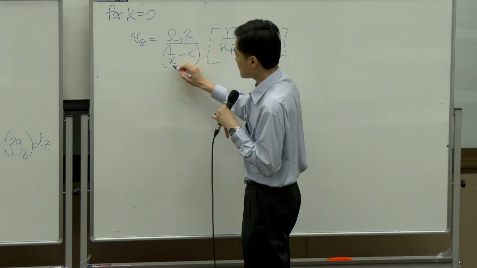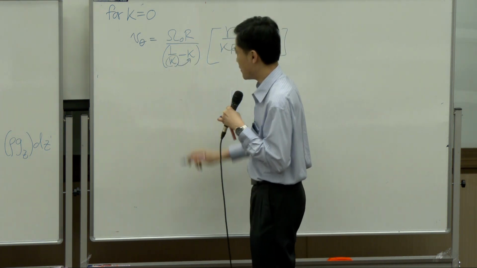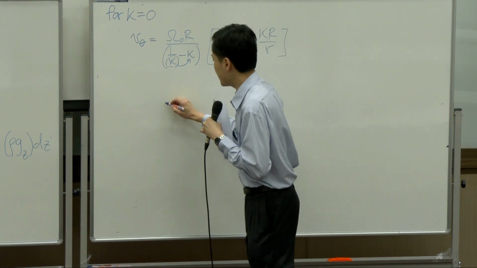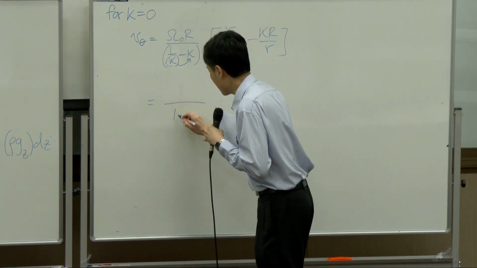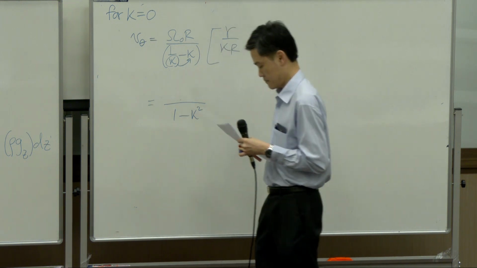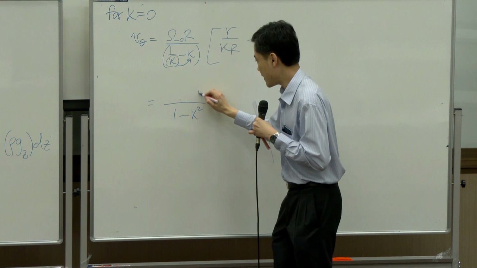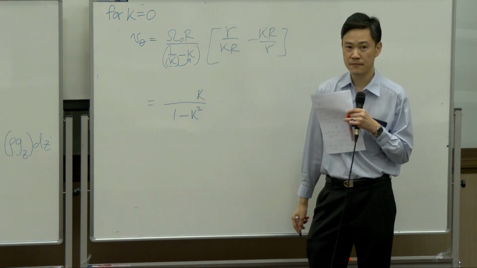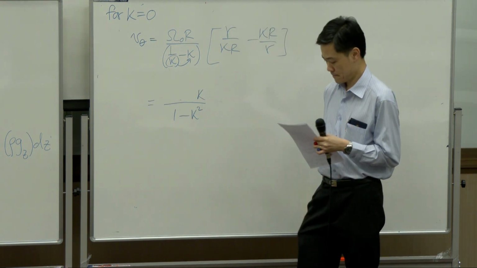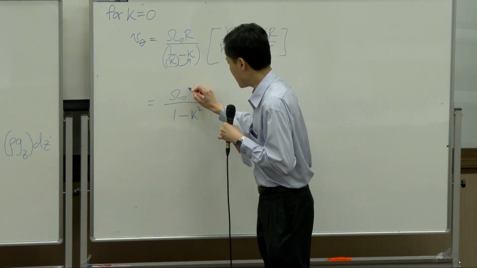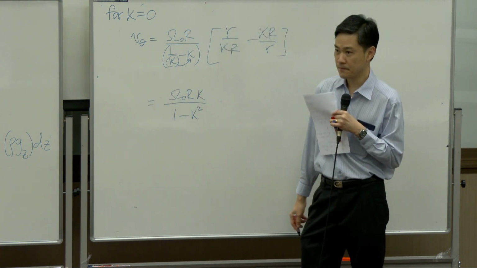If I take this K to the bottom, I get 1 minus K squared over K. I take K up here, I can do that. And omega 0 R remains the same.